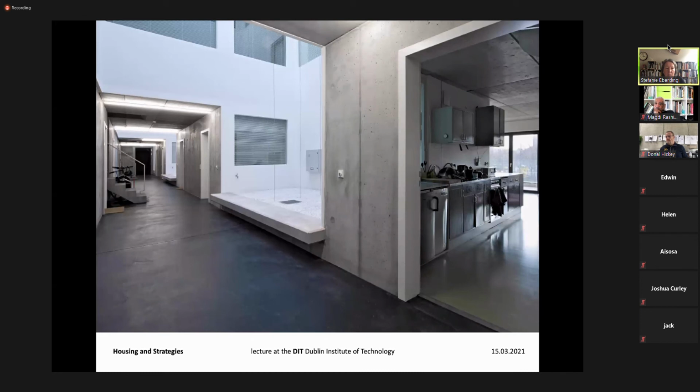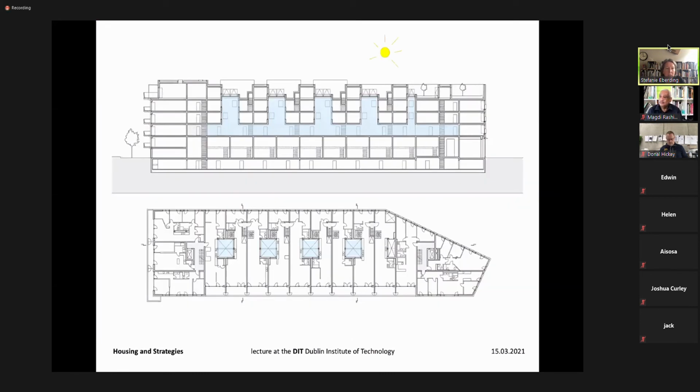And you can see it in this picture. That light is coming from the roof and lightens the inside corridor. And you can see also the stairs where you can enter again a residential living unit.